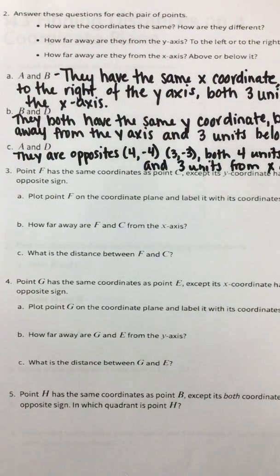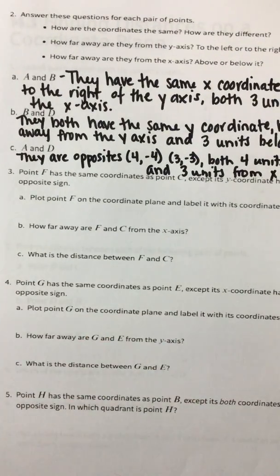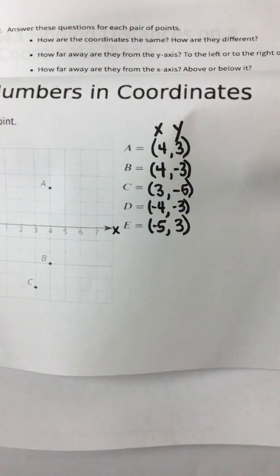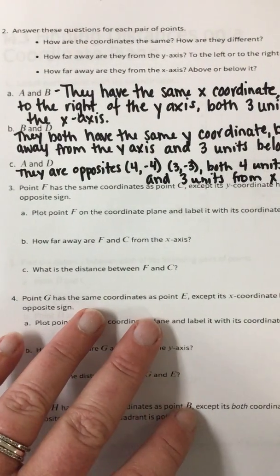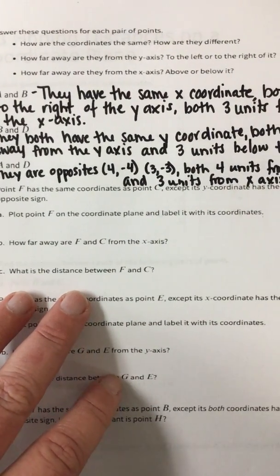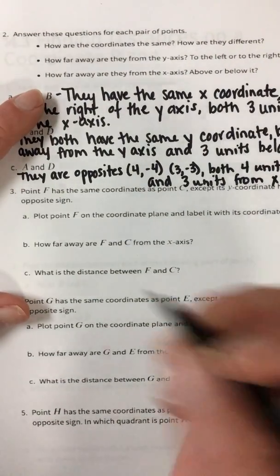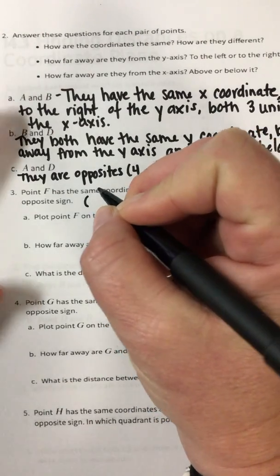All right, point F has the same coordinates as point C, except the y-coordinate has the opposite sign. So if we look at point C, we have 3, -5, and this is saying that it has the same coordinates as point C, except the y-coordinate has the opposite sign. First and foremost, we need to write the new coordinate down.